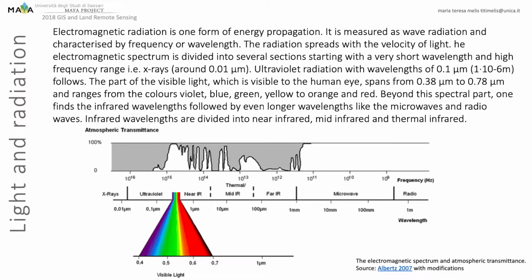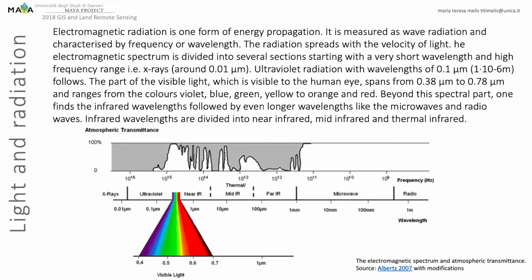The electromagnetic spectrum is one form of energy propagation, and with the sensor we analyze the data that arrive from different wavelengths, from ultraviolet to microwave.